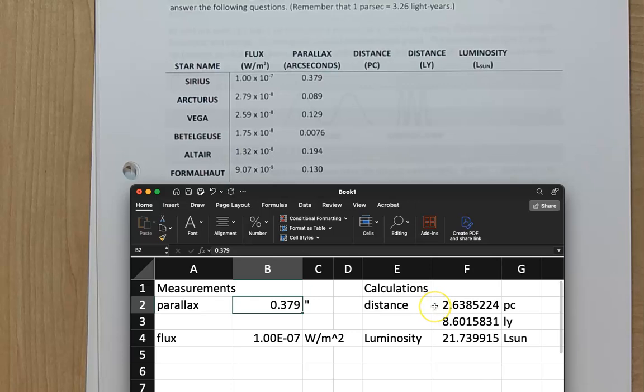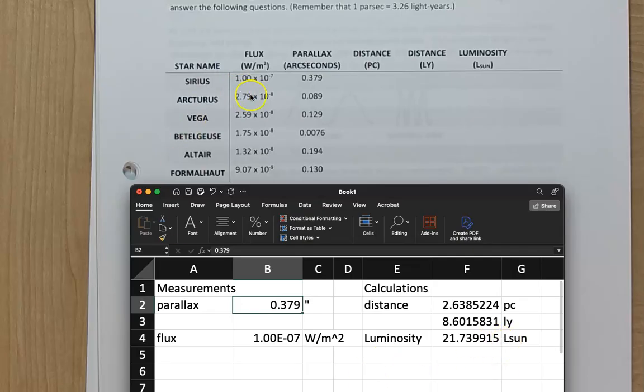Okay, so here's a case where you're not going to write all these numbers down. You're not going to write all of these decimal places down because our measurements can't justify all of these decimal places.